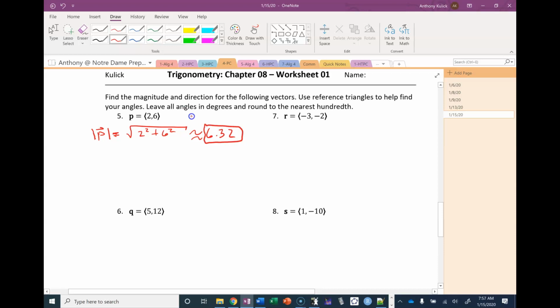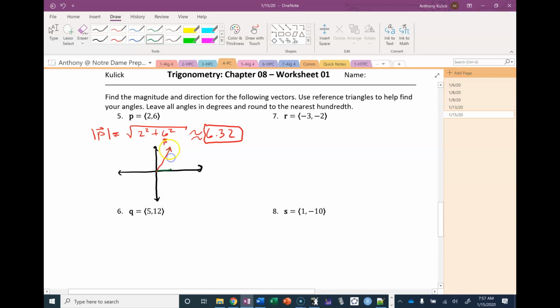Everybody okay there? The direction is going to be a little bit trickier. To get the direction, I'm going to start by drawing a picture of this vector in the xy plane. So here I'm going to go 2 over and 6 up, and I'm going to draw my reference triangle.